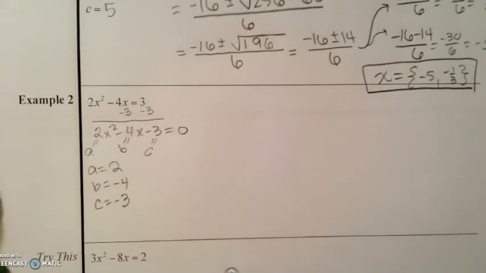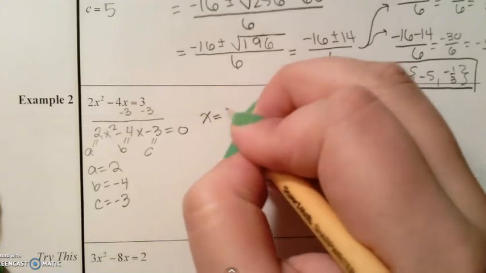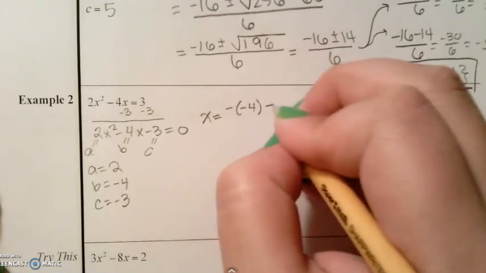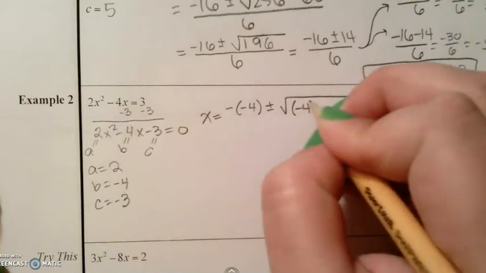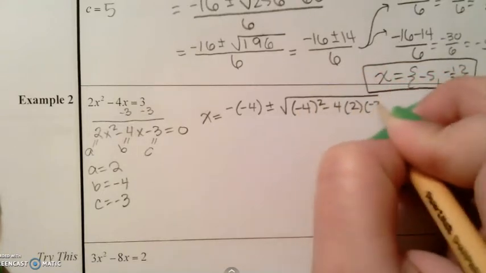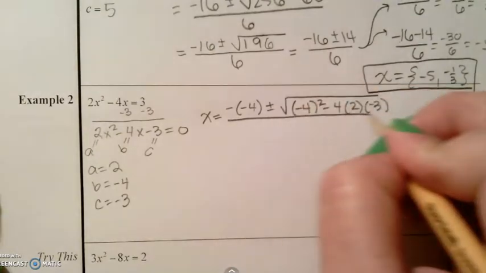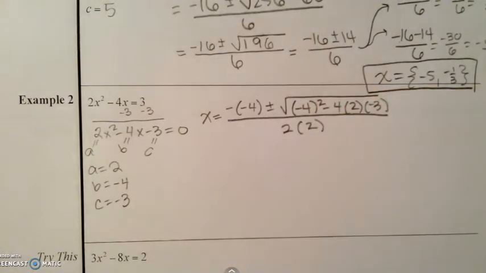And then we substitute into our quadratic formula. X is equal to negative b plus or minus the square root of b squared minus 4ac all over 2a. So notice I said the quadratic formula, and as I was substituting, I replaced within parentheses each value of a, b, and c.